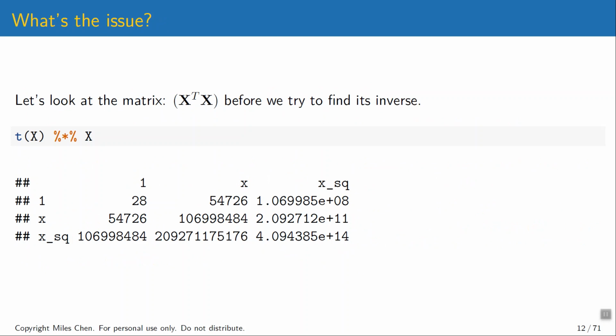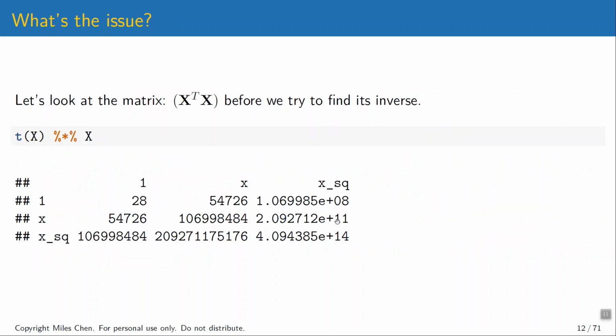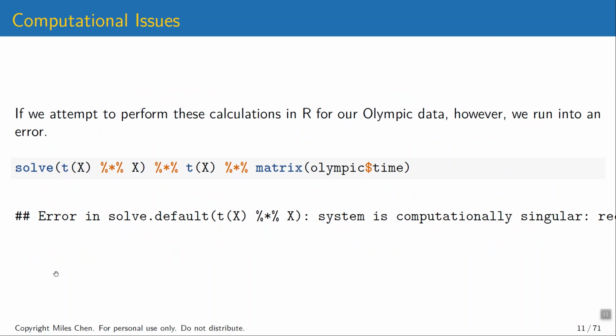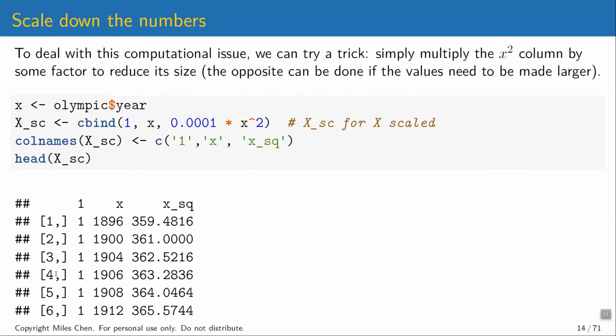So R detects that you're going to get a value that's smaller than the machine epsilon, which is on the order of 10 to the minus 16, and it throws an error because of the computational instability. It recognizes that things are no longer accurate. So it says it can't find the inverse of this matrix. But that's not true. The inverse of the matrix does exist.